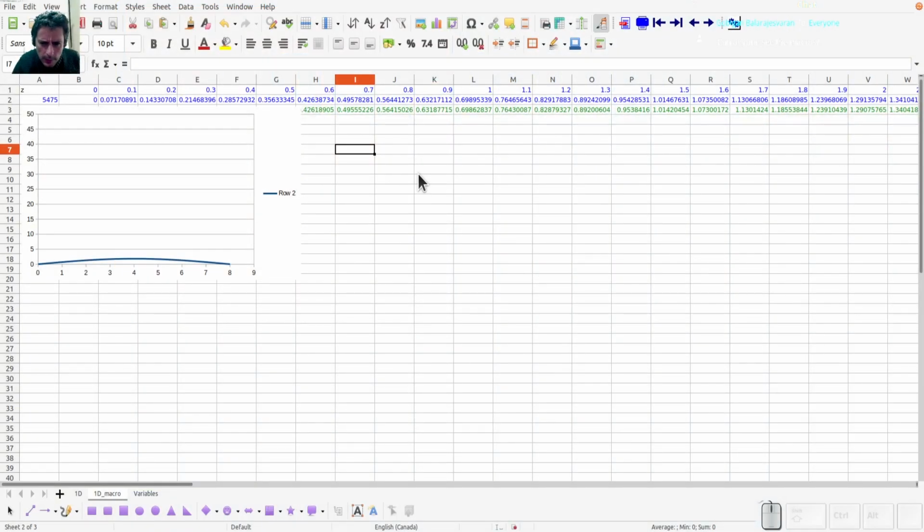My previous file, it was not seepage. It was the consolidation one. What was the name of the file?